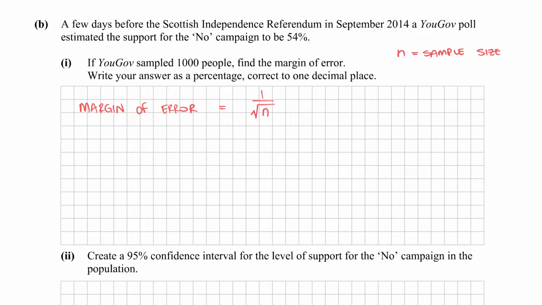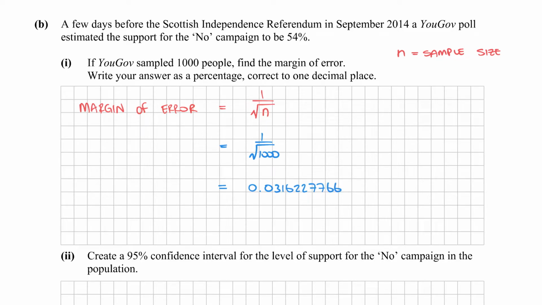And when it's 1 over the square root of n, n always represents the sample size. So the margin of error in this case is going to be 1 over the square root of n, which is 1 over the square root of 1,000. And if you type that into your calculator, you will get 0.0316227766.